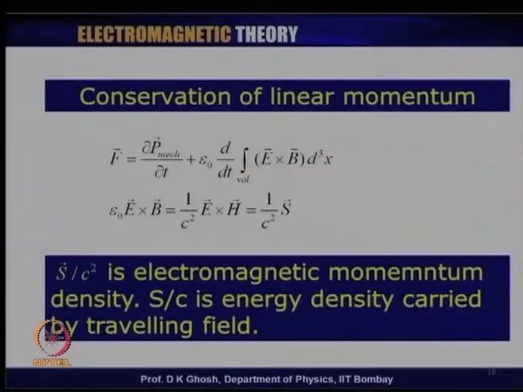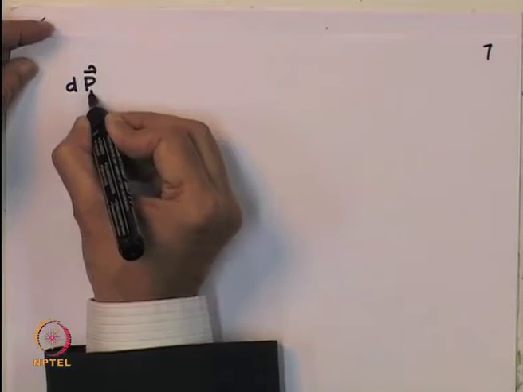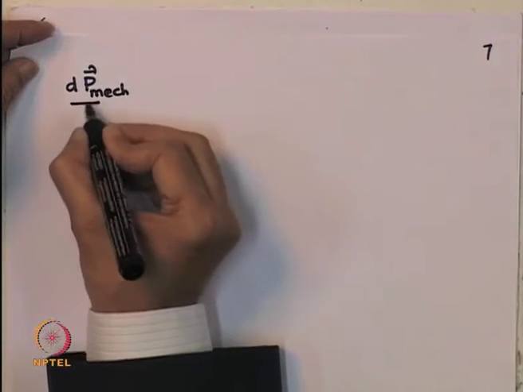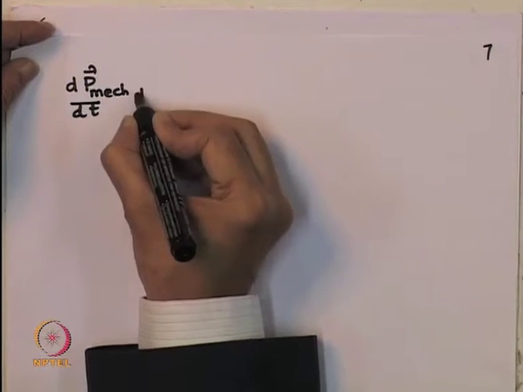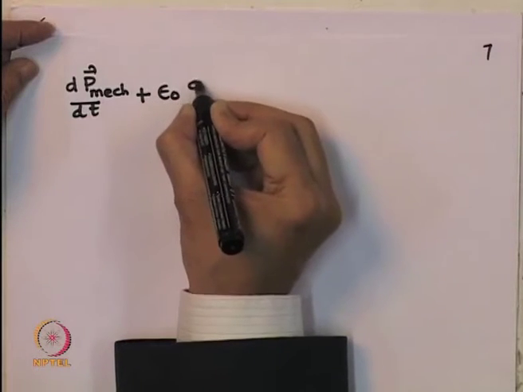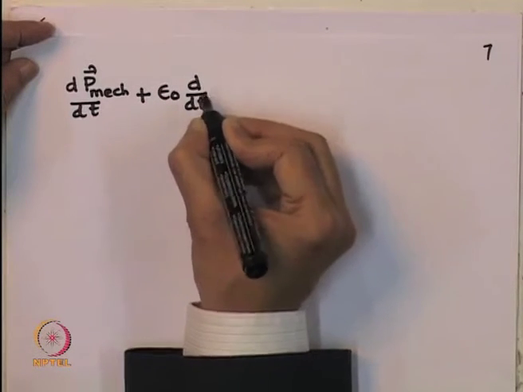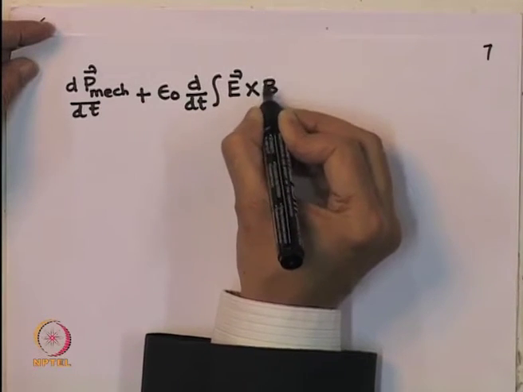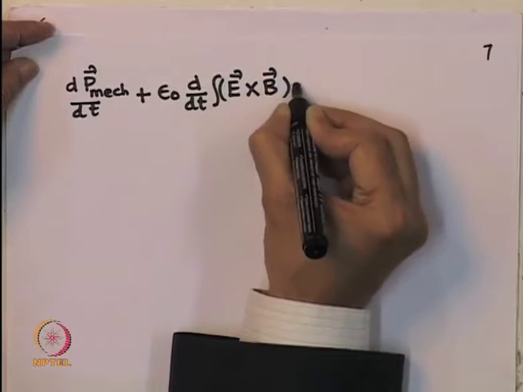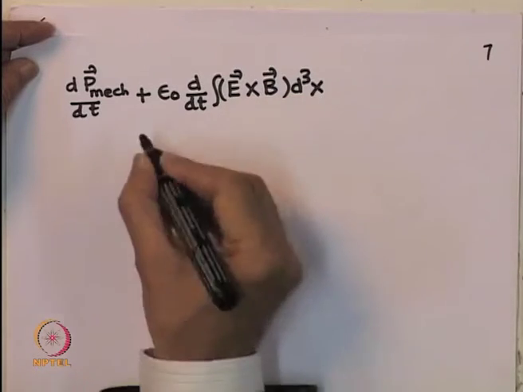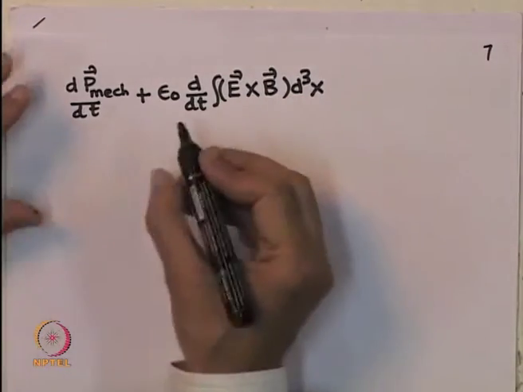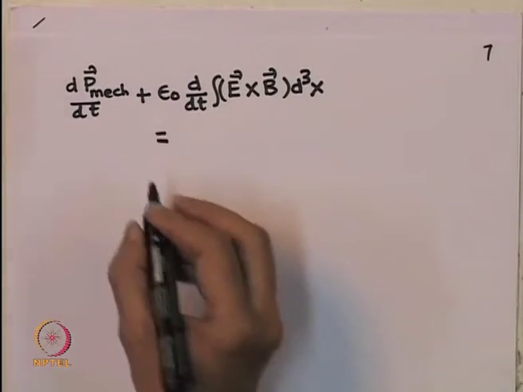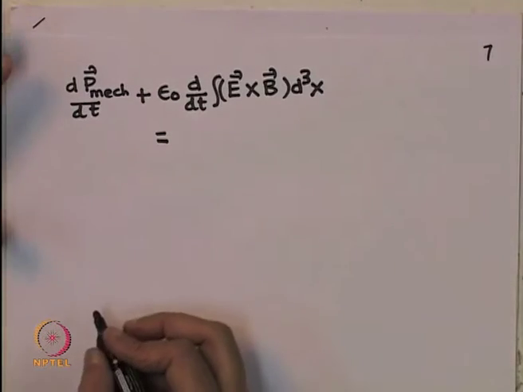So, what I have got is the following. I have got dP mech by dt plus epsilon 0 d by dt of integral E cross B d cube x equal to a set of expressions which I am coming back to.